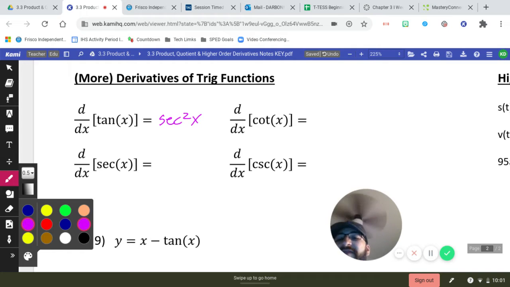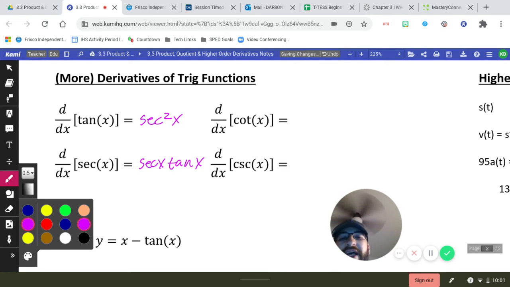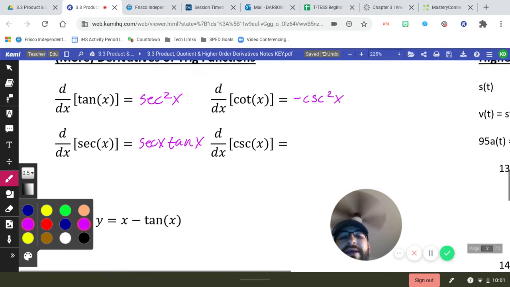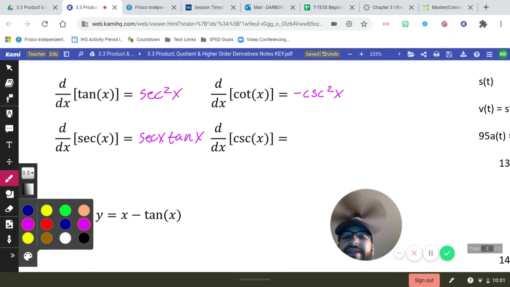Our derivative of secant is secant x tan x. Our derivative of cotangent x is negative cosecant squared x. And our derivative of cosecant x is negative cosecant x cotangent x. Like, Mr. Arbone, those are gross. How am I ever going to remember them?